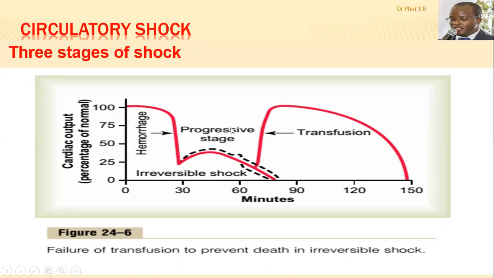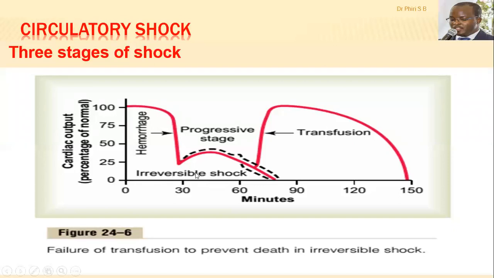So within the progressive stage, with intervention, you are able to resuscitate this person, or you are able to help the patient go back to normal blood pressures and also take care of the shock. But if nothing has been done within the progressive stage, it's going to progress into irreversible shock.